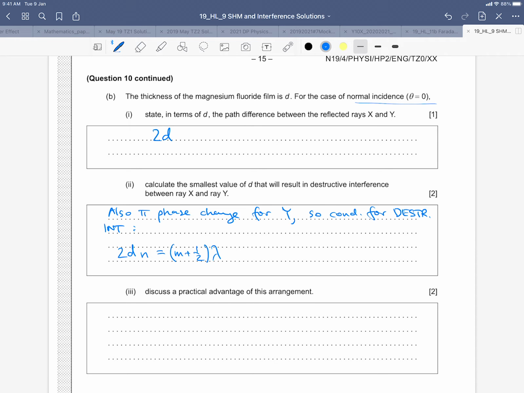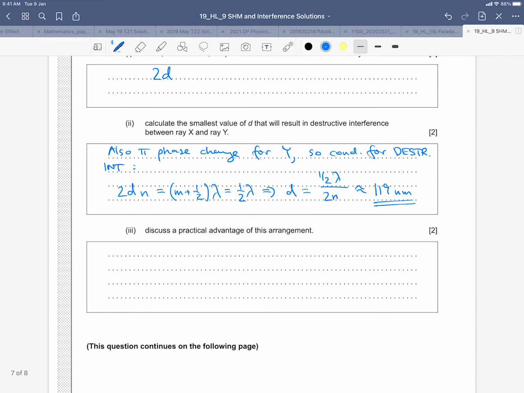And if we're looking for the smallest value of d, then we are looking at the path difference being as small as possible, so it has to be half a wavelength, and then we can work out what d is, and it's just half the wavelength over 2 times the refractive index, and if you do that you get 190 nanometers. So slightly tricky, this one, because you can't just blindly use the formulas given in the data booklet. You really have to think about this one.